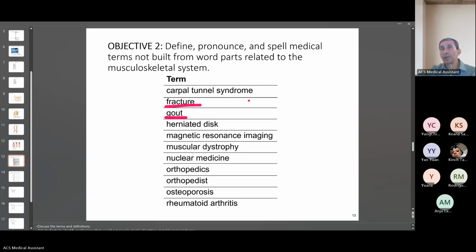Gout. Gout is a medical condition that happens not to the bones. Well, it can affect the bones, but it is mostly produced by an excess of uric acid. It mostly happens to the big toe. The big toe, right here, gets swollen. It looks like a tomato or a hot potato. The person cannot wear shoes.